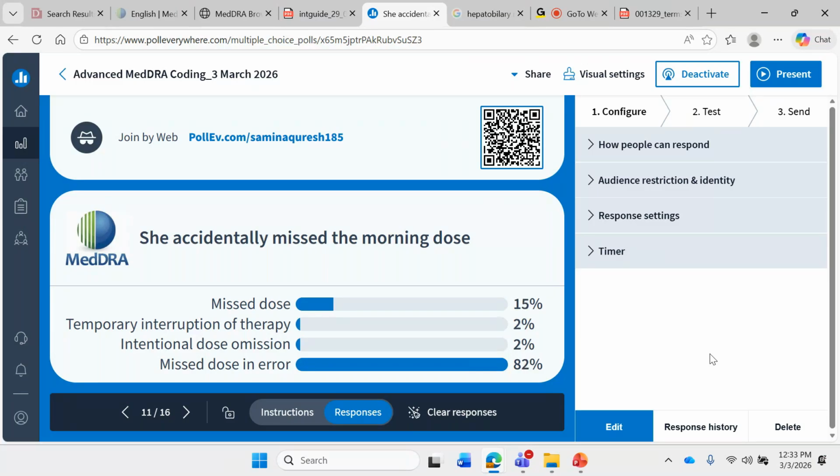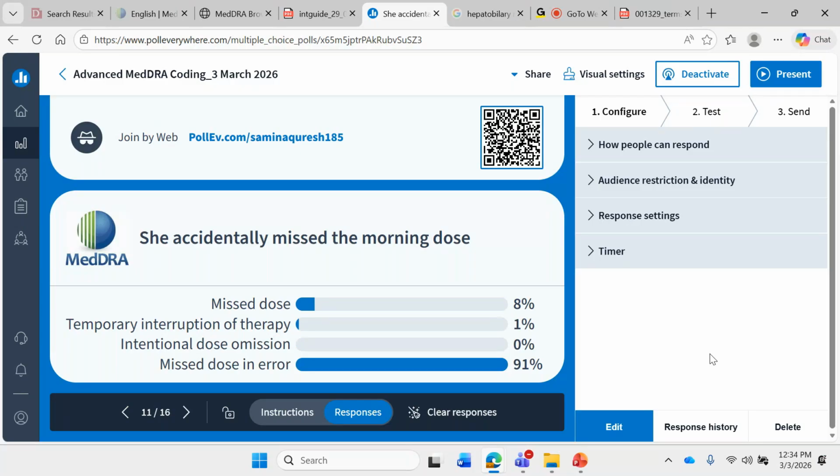Okay, and we keep it as close a match as possible. Okay, for the 1% who chose intentional, something can't be accidental and intentional. I mean to do it, or it was an accident. Okay, good. So it's accidental.